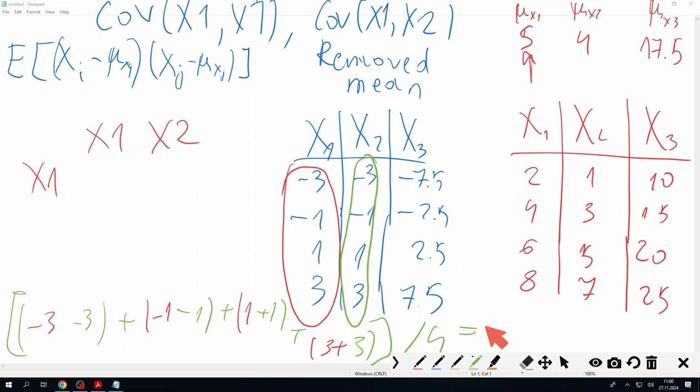So that is going to be around 0. Well, something I have calculated here may be slightly wrong, but anyway, you calculate all these combinations between each other.